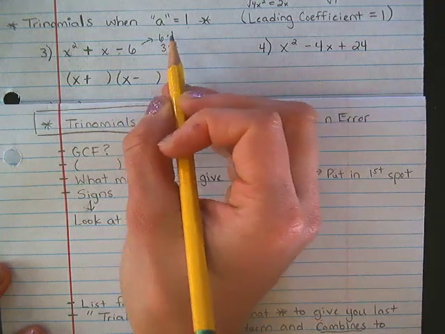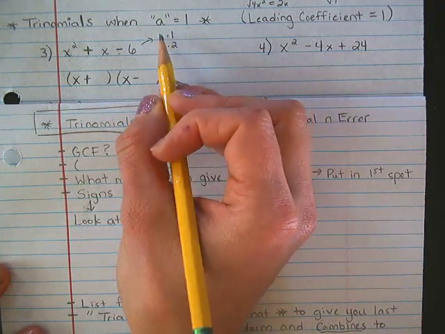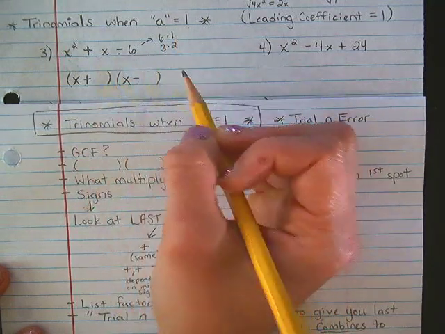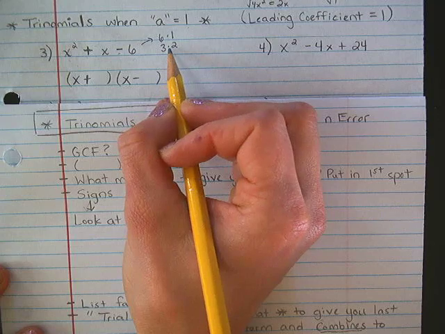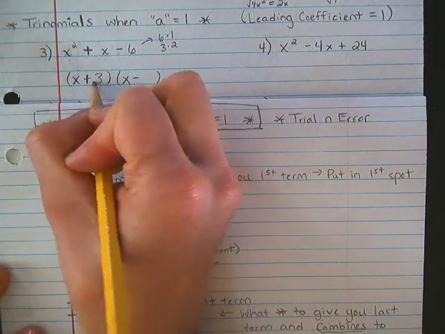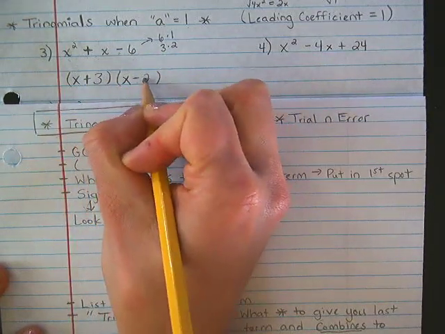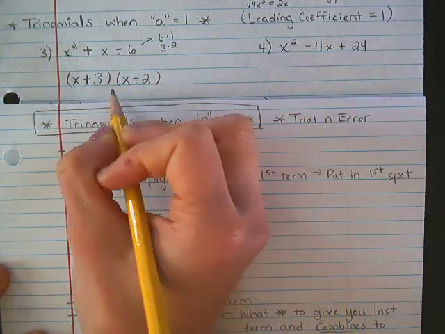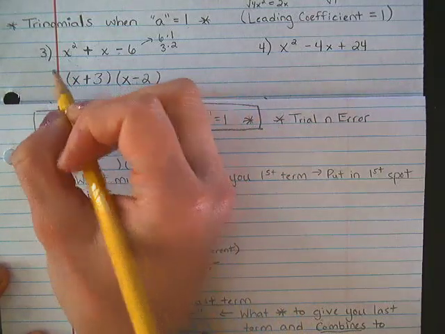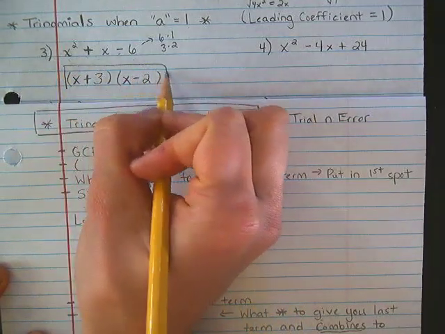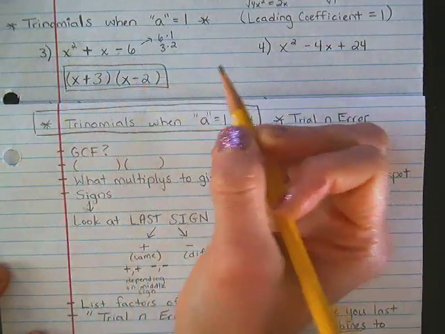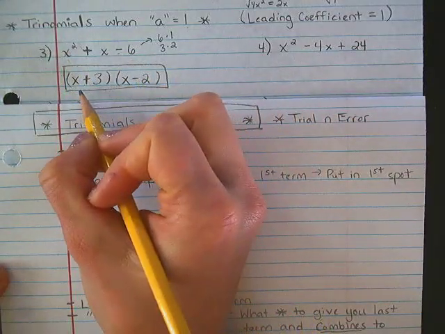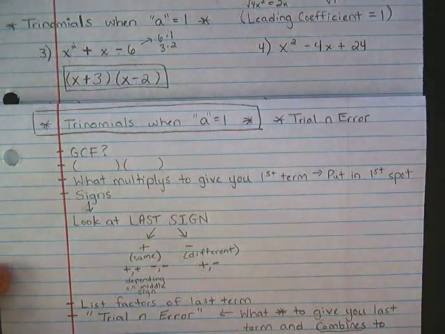If I flip-flop that and take negative 6 plus 1, that's not going to give me 1 either. But if I take a positive 3 minus 2, positive 3 minus 2 gives me positive 1. So those are the numbers that would work to give me my answer. Okay, and again, you can multiply this out to check to see if it works.